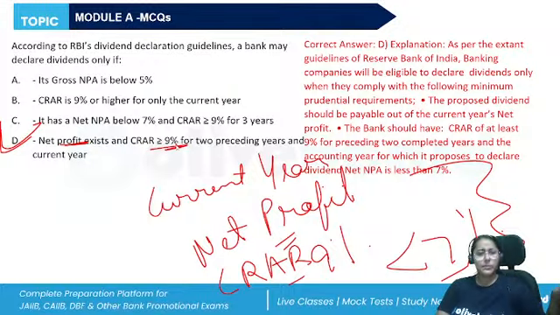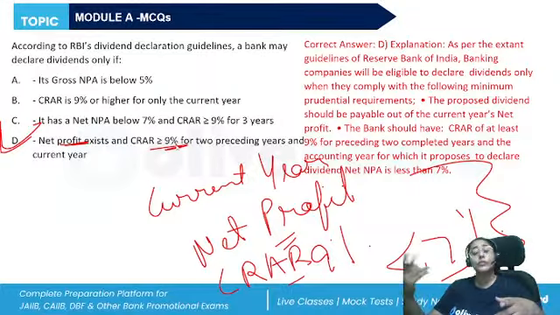There's also an exception to this, if you remember. If, let's say, the bank does not meet the 9% criteria for the preceding years, still they have at least 9% for the current accounting year for which it is proposing to declare the dividend, and the net NPA for that particular year is less than 5%.